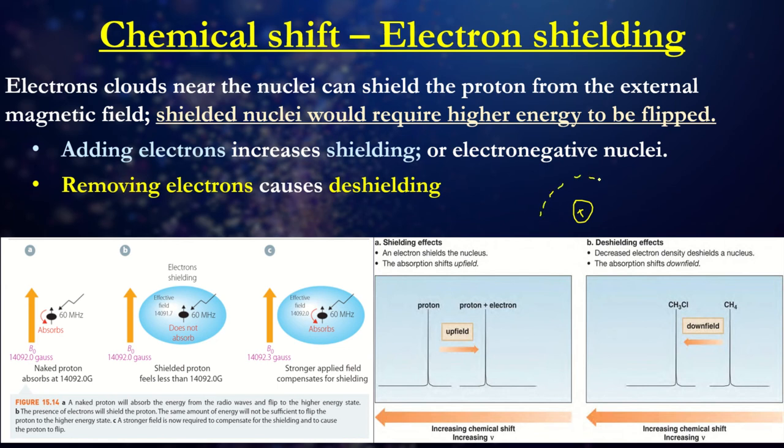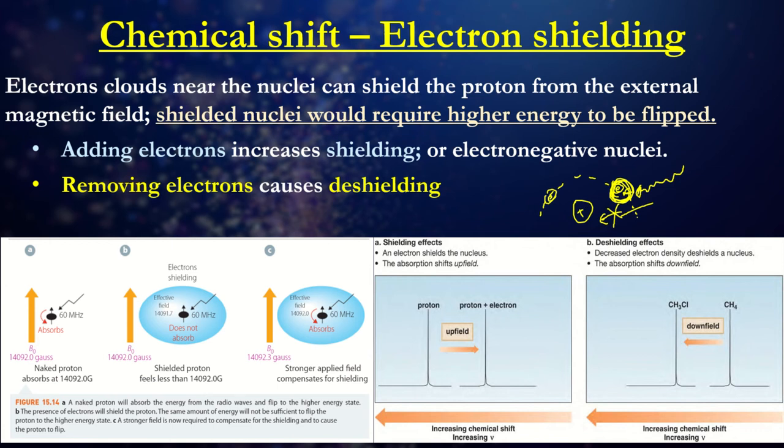Now outside the nucleus we have electrons, and if the electron was, so to say, blocking the absorption of radio waves, so the electrons absorb the radio waves itself, then there's nothing going into our proton here. So this going here doesn't occur. You might also need more energy to cause the flip to occur.